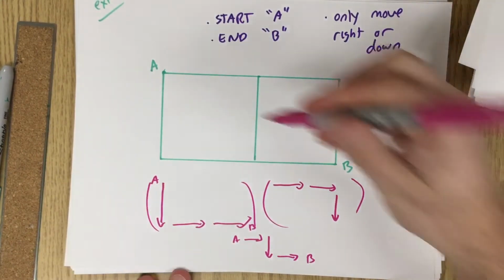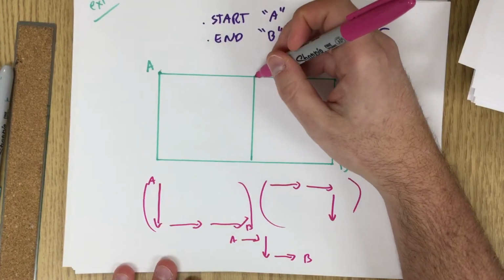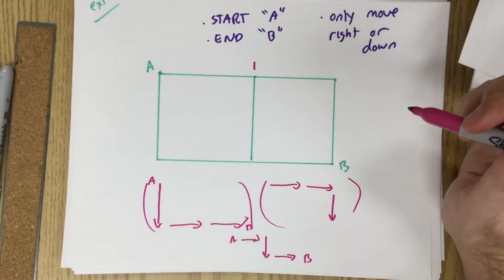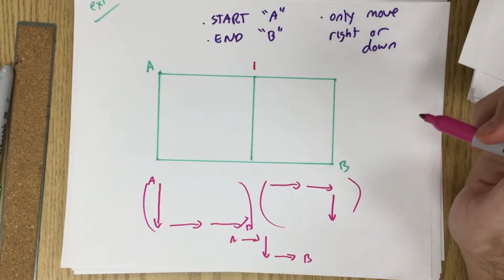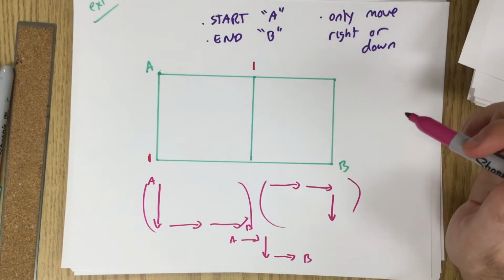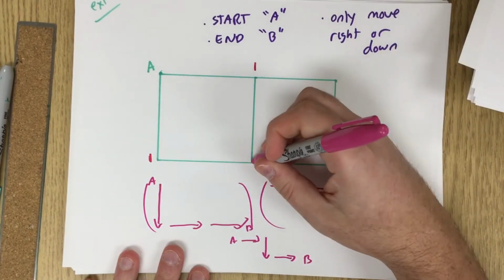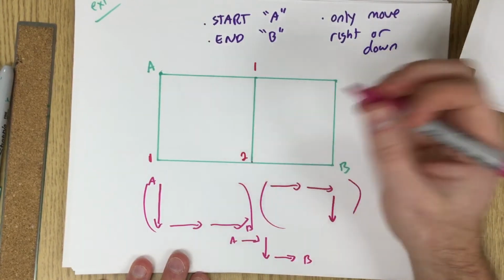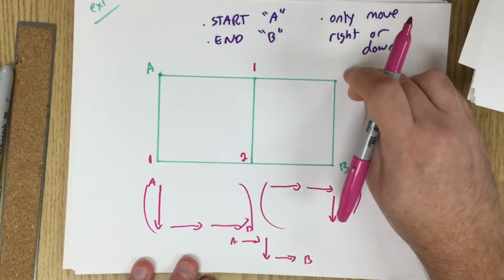What we know is that if I want to get to this corner, there's only one way to get there. And there's one way to get here. Now if I want to get to this point over here, I could go like this, or I could go like this. So there's 2 ways to get there. If I want to get to there, there's only one way.